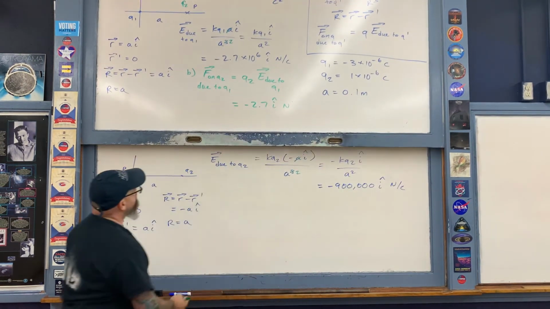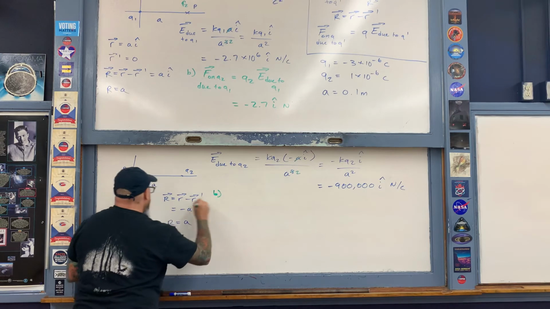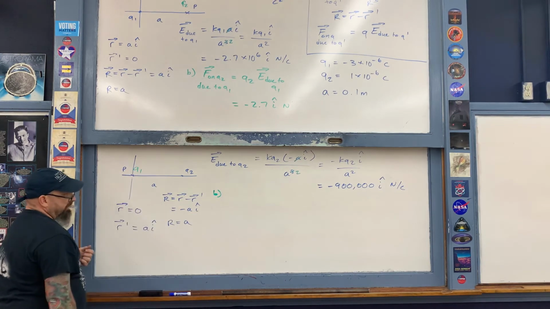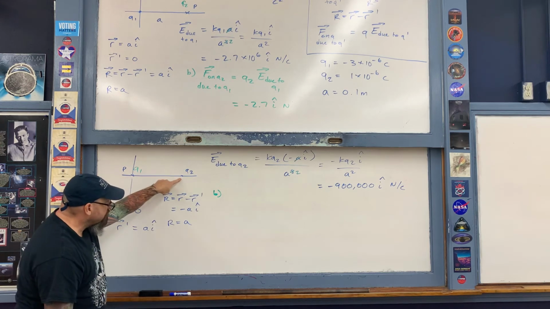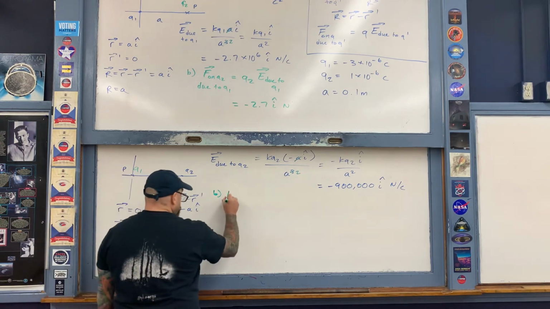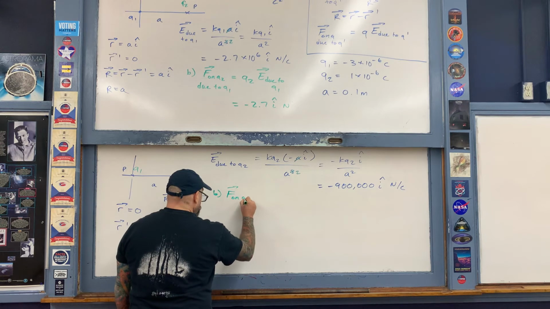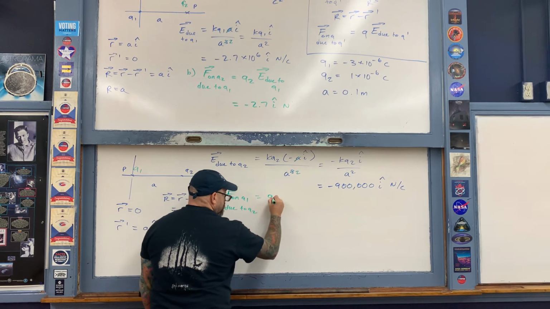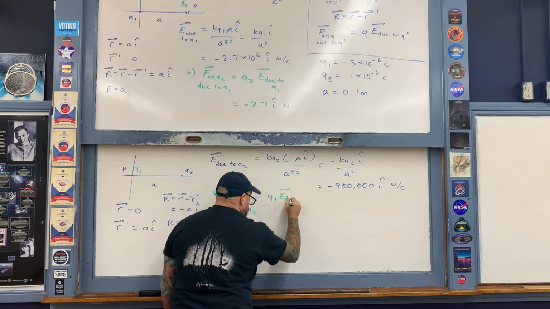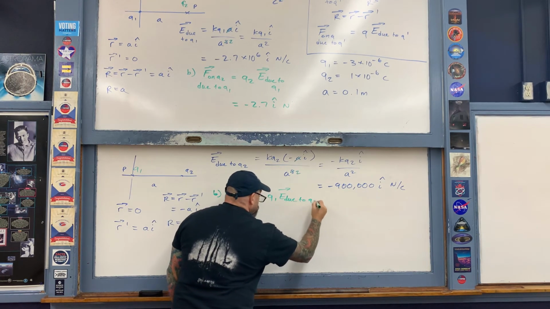Now here on the bottom board, for part B, let's put Q1 right there at the origin. So the force exerted upon Q1 due to Q2 is the following. The force on Q1 due to Q2 is equal to Q1 multiplied by the electric field due to Q2.